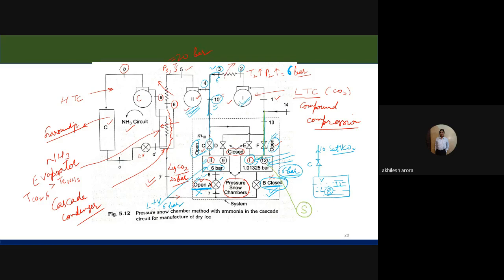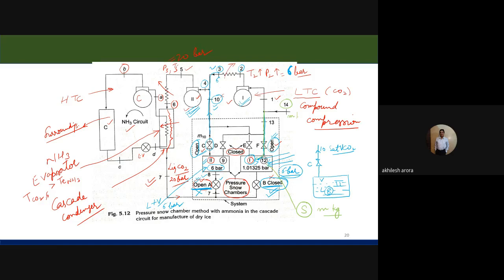So suppose if I say this amount is m kgs, so what I will have to do, because m kgs of CO2 has been removed, so at point number 4 this is actually you can say the CO2 which is available at ambient temperature and pressure.